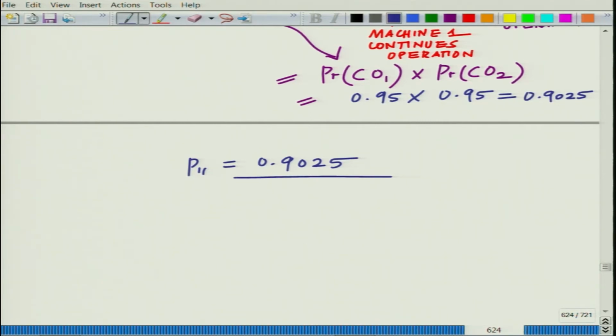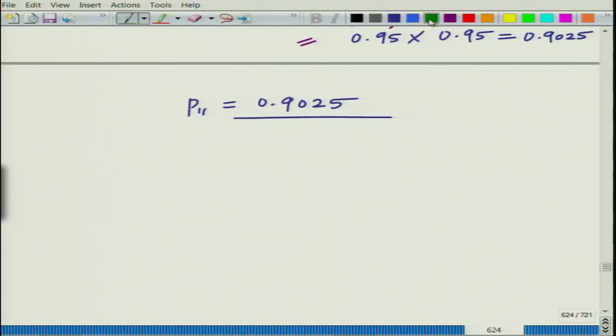Let us compute one more. We will not compute all of them. I will just illustrate the general procedure and you can extend it to the other transition probabilities. Let us look at something slightly different, P32.